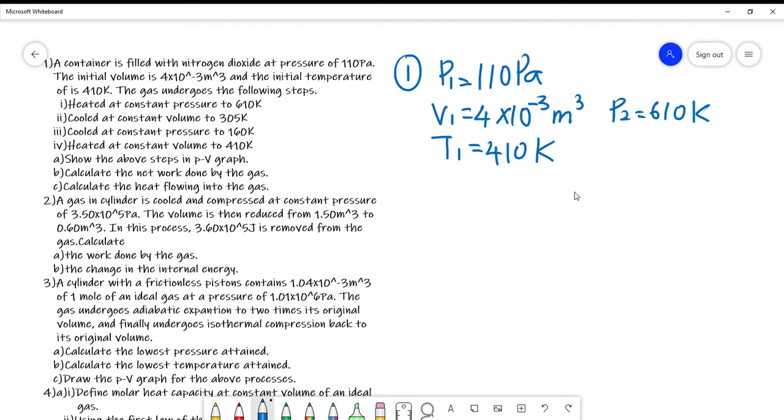For the second process, cooled at a constant volume to 305 Kelvin, and for the third process, cooled at a constant pressure to 160 K. This one should be temperature.